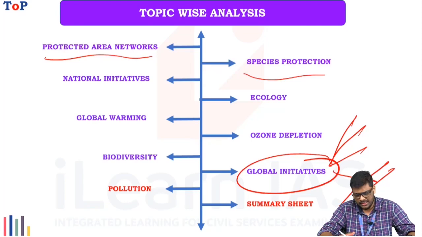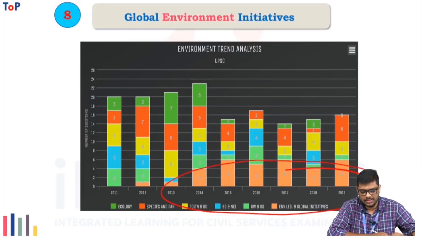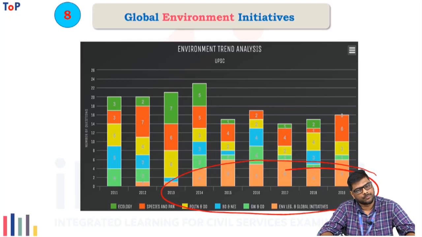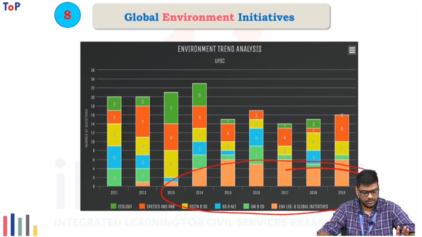So here is the importance of this particular module. After 2013, after 2014, UPSC spiked the number of global initiatives. UPSC raised the number of questions related to global initiatives. So this pattern should be noted. Every year now we can expect a global initiative based question. Getting it?